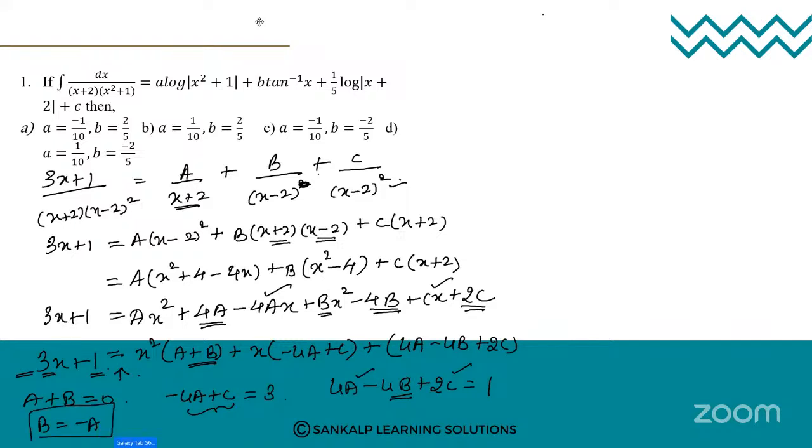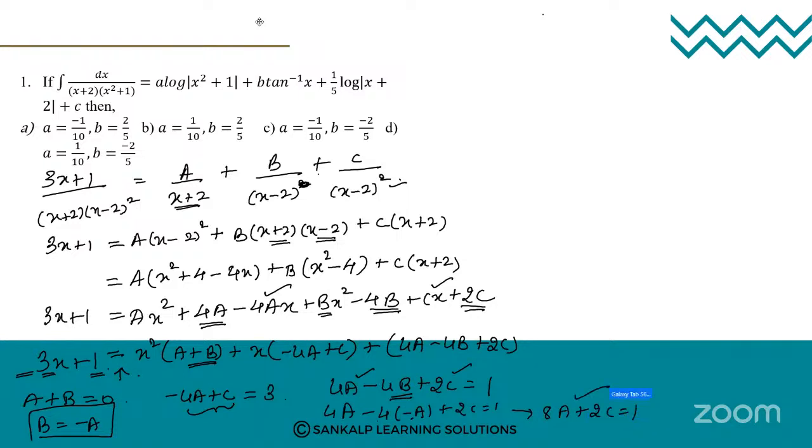So here B is minus A. Putting it in, keep the 4A as it is, keep the minus 4 as it is, and take the value of B, which is minus A. If you solve this, minus of minus becomes plus 4A, 4A plus 4A is 8A. 8A plus 2C equals 1.